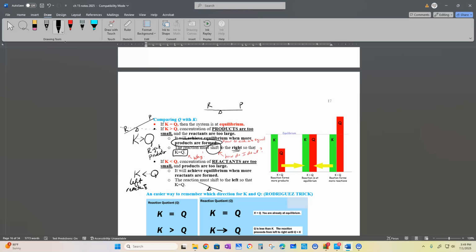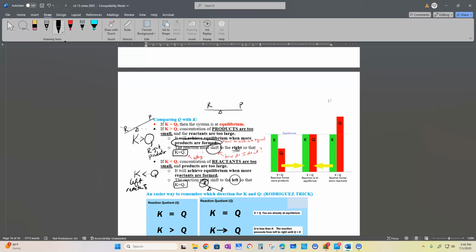My reactants are kind of like floating in the air. My products are kind of ganging up on my reactants. I've got too much. So what way do I need to shift? Well, I need to shift by making more reactants, which are on the left side of the arrow, so that I can get Q to equal K.